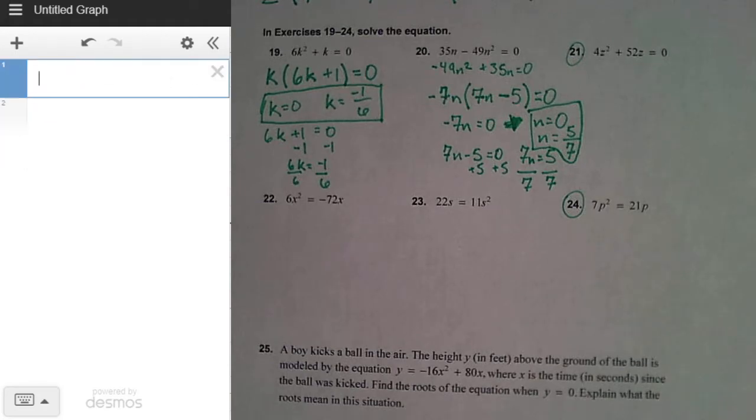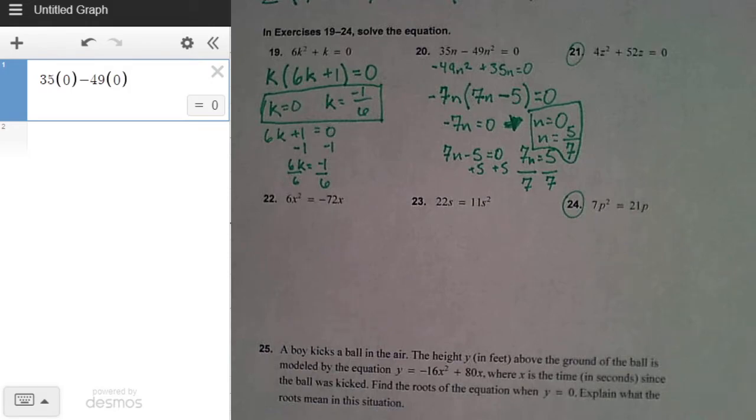But let's go ahead and check our answers. We can put n equals 0 into our original equation, and then minus 49 times 0 squared. We notice that we do in fact get 0.